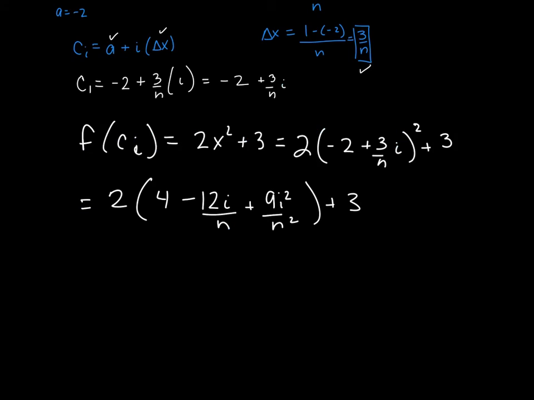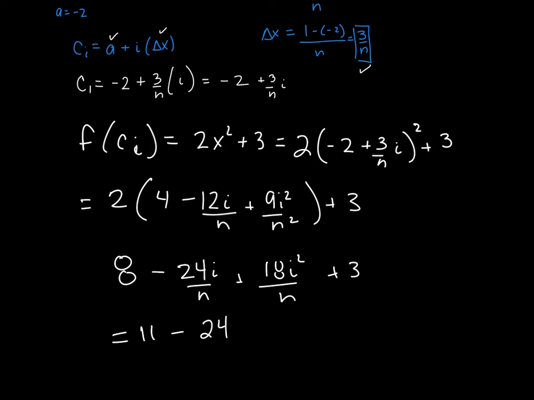Then this gives me 8 minus 24i over n plus 18i squared over n squared plus 3, or 11 minus 24i over n plus 18i squared over n squared.